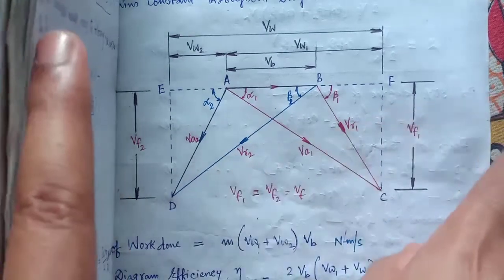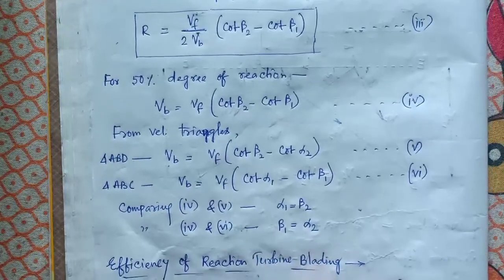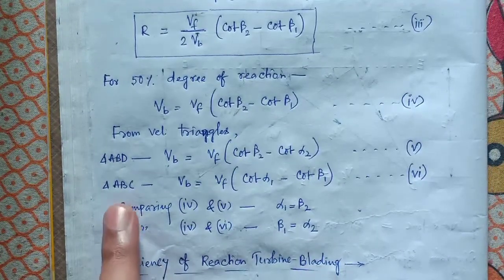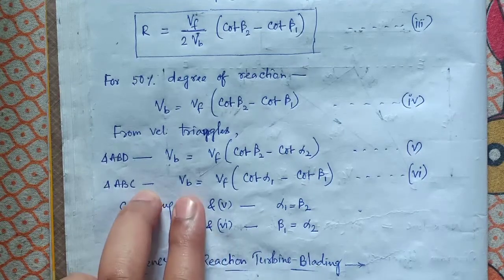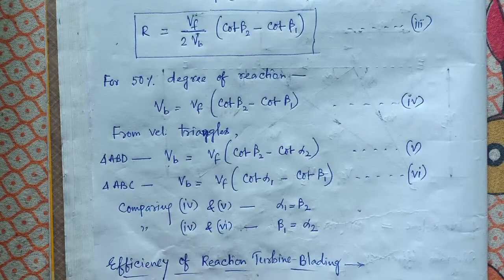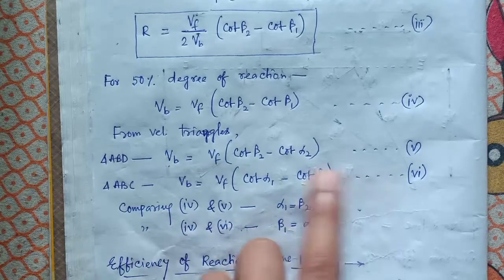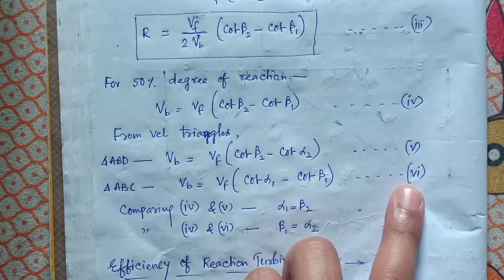In the same way, you apply the same tricks for triangle ABC and find VB equals VF into this one. Mark these equations as equation 5 and equation 6, and this equation as equation 4.